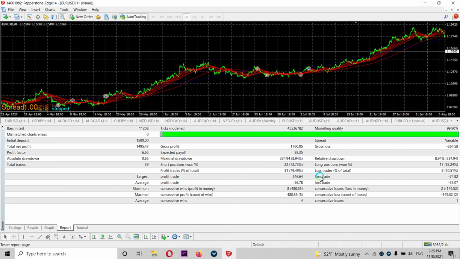And the largest loss trade is not a huge one. It is actually quite small. The drawdown is just like 9%. That is completely good for my taste. Of course, you can adjust your lot sizes and safety stop loss if you want a lower or higher risk profile.